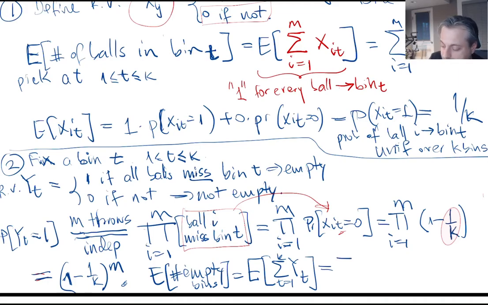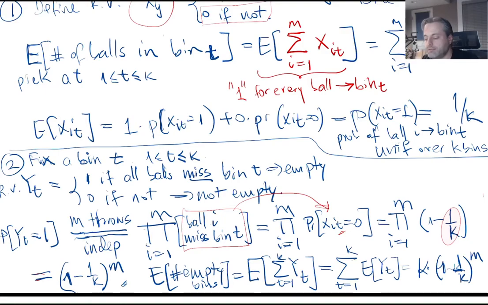By linearity of expectation again, that is the sum from t equal 1 to k of the expected value of Y_t. So that is k times (1 minus 1 over k) to the power m.